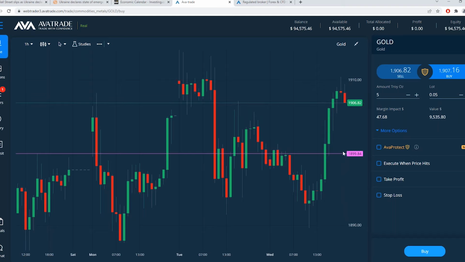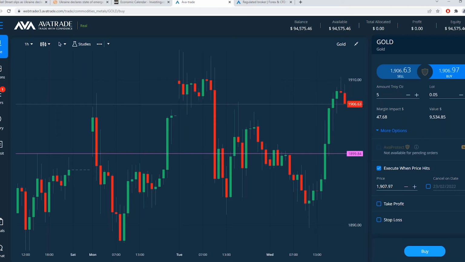So if you're looking to buy on gold, you could do a pending order, execute when price hits. You could program in 1900 with a take profit up, and this wouldn't even have to break that resistance level. Take profit at 1915. The 1-day candle resistance we looked at was at about 1917.